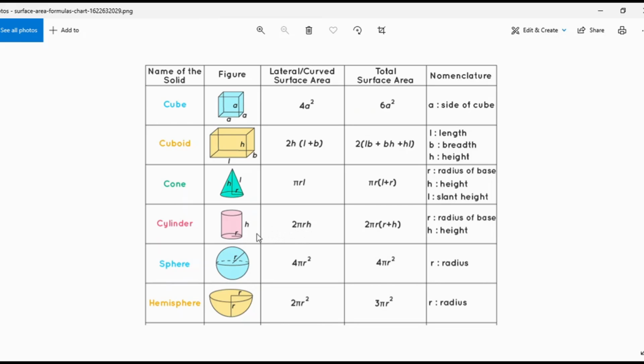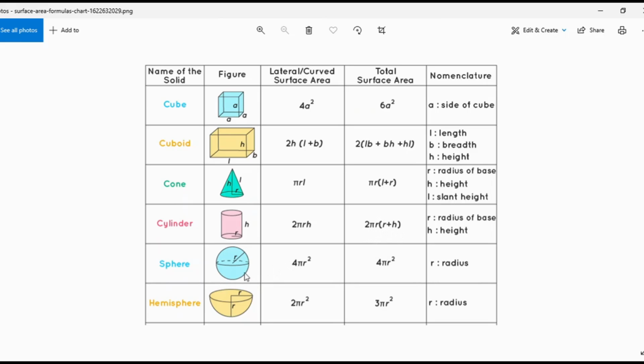So 2 pi R, that's the circumference of the base circle of the cylinder, will be the length of the rectangle, and H will be the height of the cylinder and height of the paper used to form the cylinder. And then the total surface area will be curved surface area plus 2 times the base area. So that is 2 pi RH plus 2 pi R square. 2 pi R can be taken outside, so you can simplify the formula to 2 pi R times R plus H.